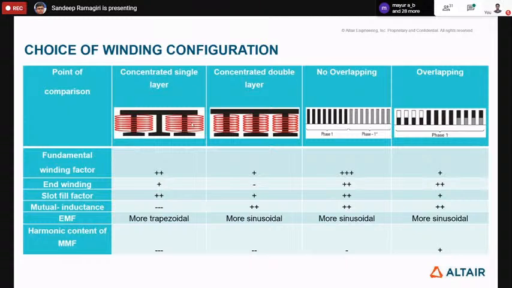Slot filling factor is very important. With no overlap and concentrated winding, we'll have a good advantage when compared to the concentrated double layer and the overlap winding. So this is the comparison of the four types of windings, and from this we can make out which type of winding is suitable for my application.